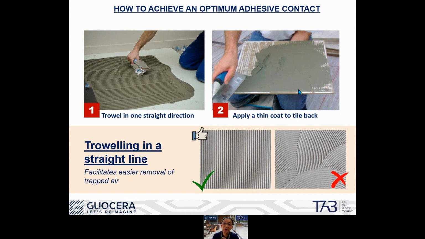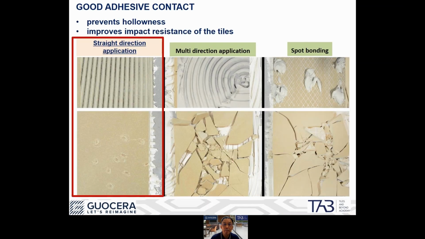Also, it is recommended that a thin coat of adhesive be applied to the tile back, and if you can cover the adhesive wholly to the tile back, then at least you will optimize the coverage. If there are no air pockets, it will not only prevent hollowness but also improve the impact resistance.